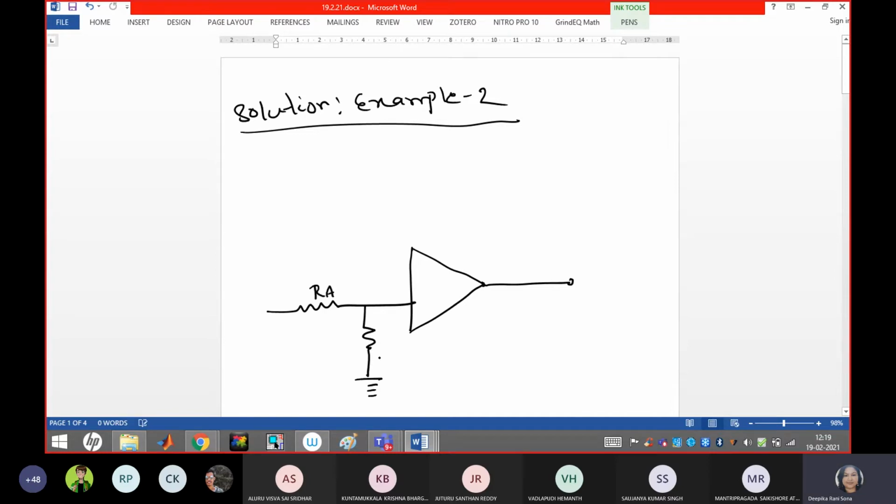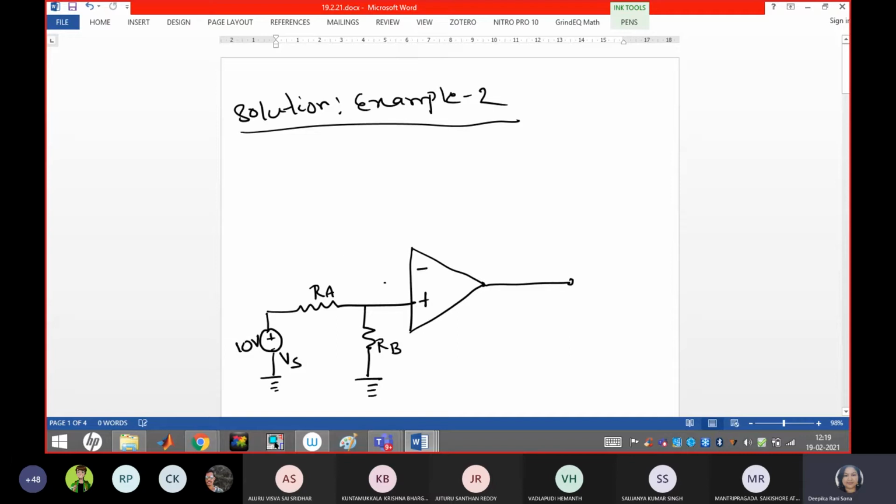Suppose this is RA and this value is RB. As per the question, it has given like that, and the source voltage of 10 volt has been provided here. So this is our Vs.